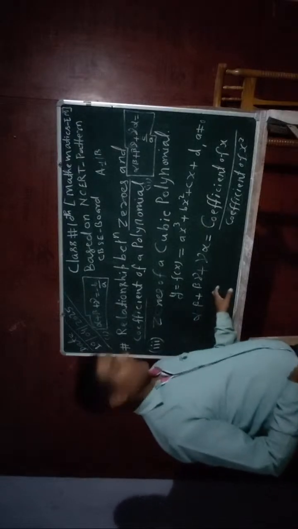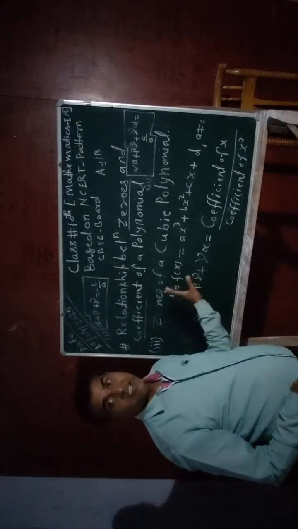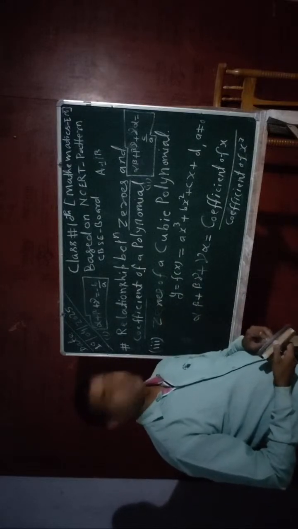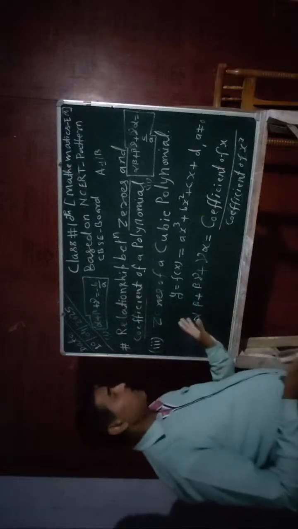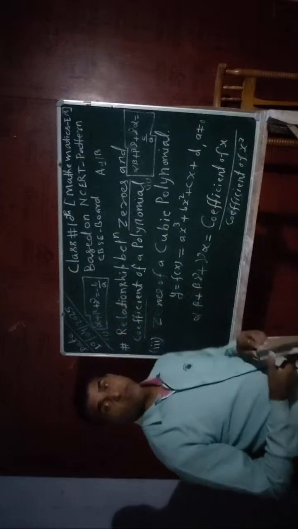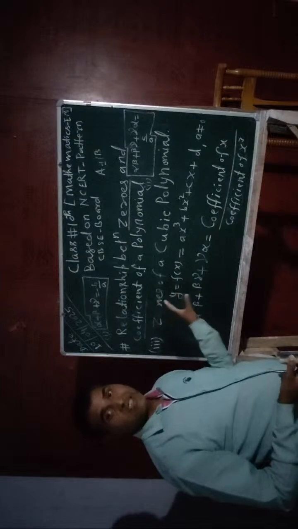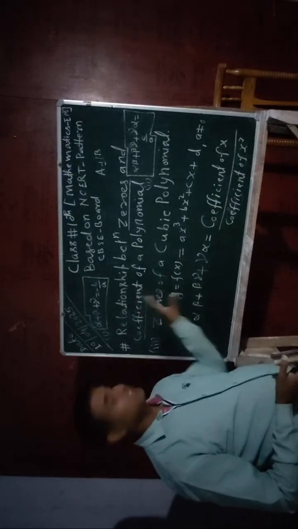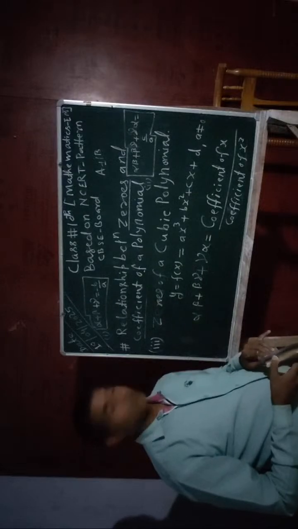So student, I hope that you have already written this information in your notebook with a pen. I am informing you that you have to take the information of each and every question, each and every concept, positively. Okay, student.